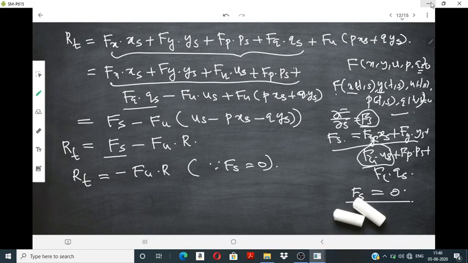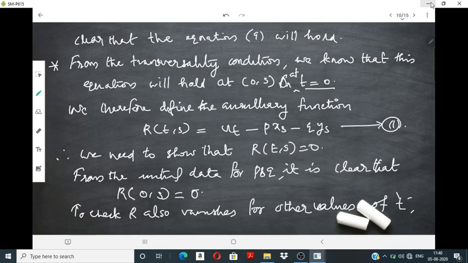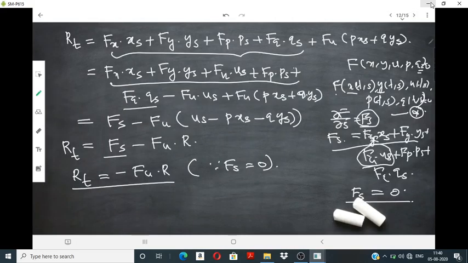Right side is 0, so if s is equal to 0, we will obtain. Now let this equation be number, what was the number? Okay, 12. This is equation number 12.